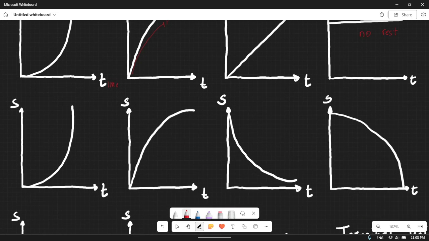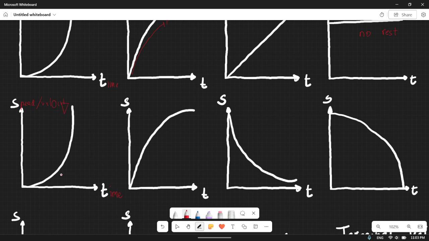Next, we come to the speed time graph. So we have speed here or velocity, and time.